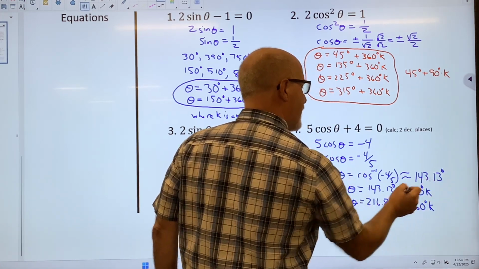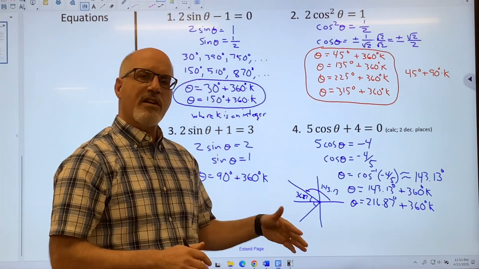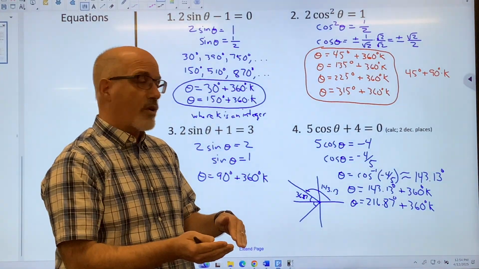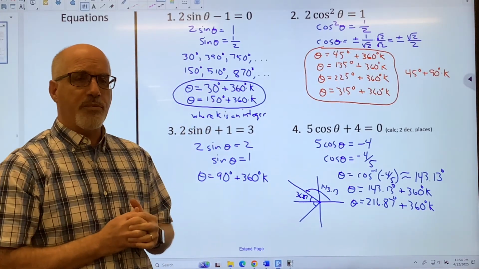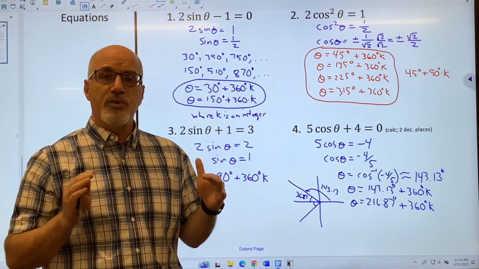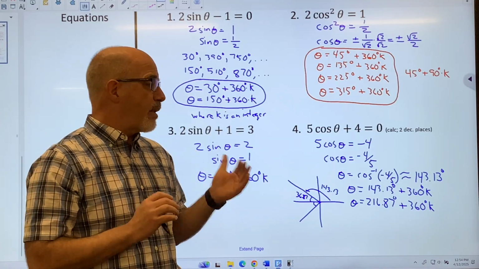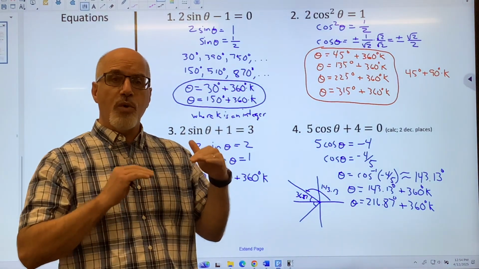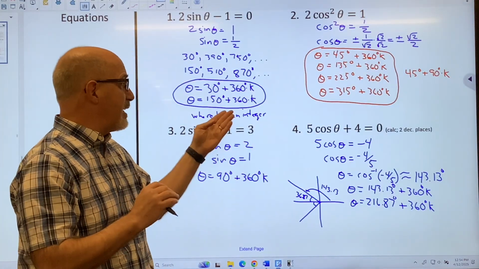So this is a little more of a complex way of finding it, but when you have to use your calculator, you need to use your reference angle to find out what is that reference angle in the other quadrant where sine, cosine, or tangent is either positive or in this case negative to come up with your multiple answers. So what we've done here is we've looked at how we can use when sine, cosine, and tangent are positive or negative, the reference angles, and solve these equations and then add coterminal angles. 360 times a multiple k, which k is just an integer.